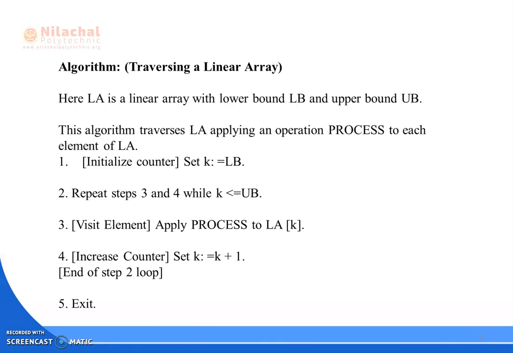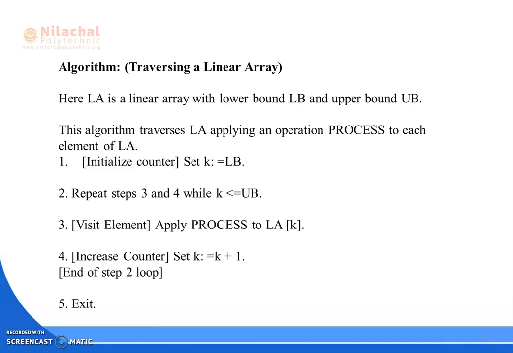So at the very first step, we will initialize the counter. We will set a variable k as the lower bound; the lower bound, or the first element, is set as k.